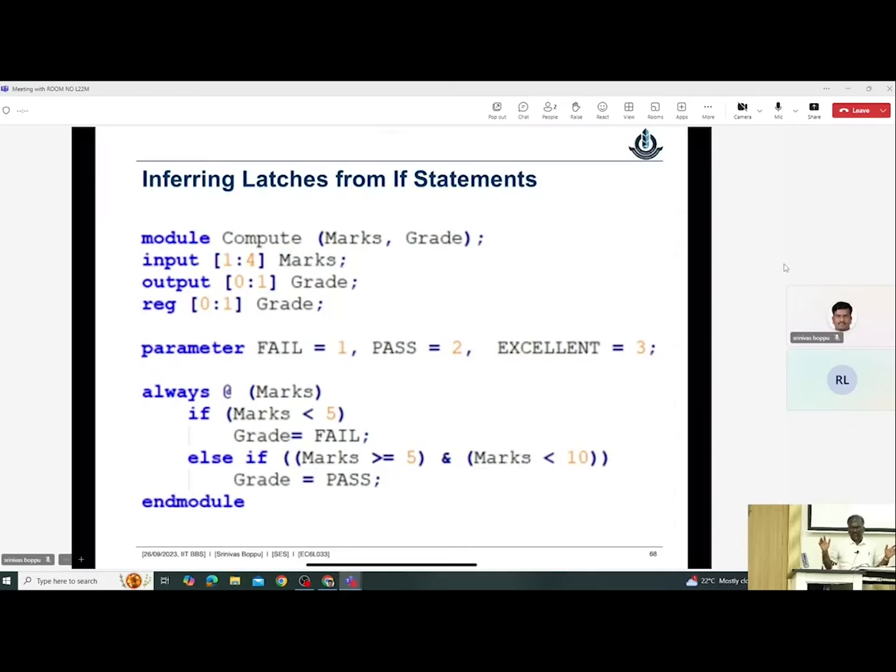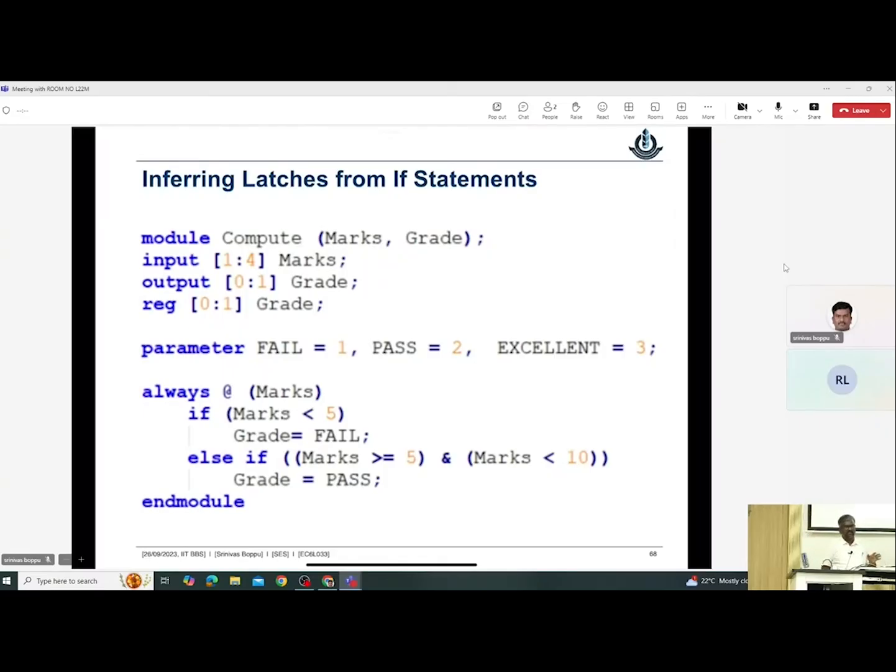The circuit is logically fine, but it all depends upon the previous state. If the previous state was, let's say, 7, then it could have been pass, and the 11 also will say pass, maybe instead of excellent or something like that.